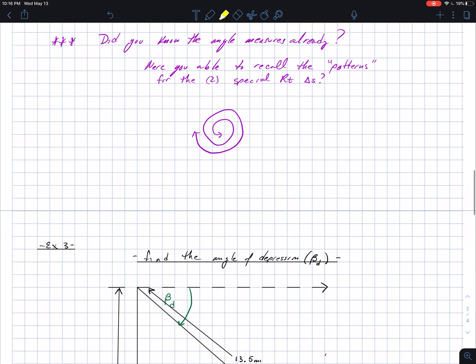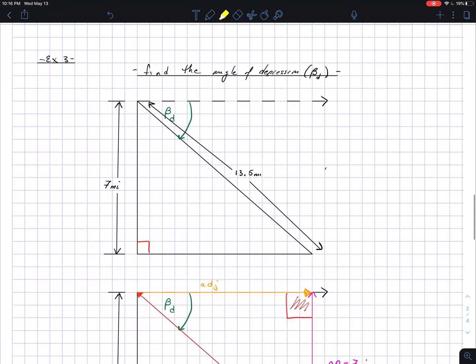Okay, so example 3. Find the angle of depression. I called it beta sub d. I took a basic example of maybe a plane flying at normal altitude and LiDAR hitting the ground.